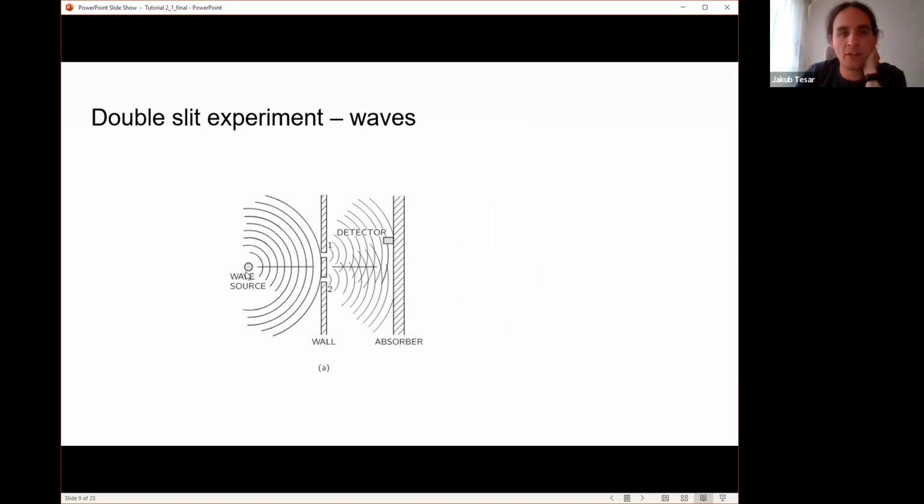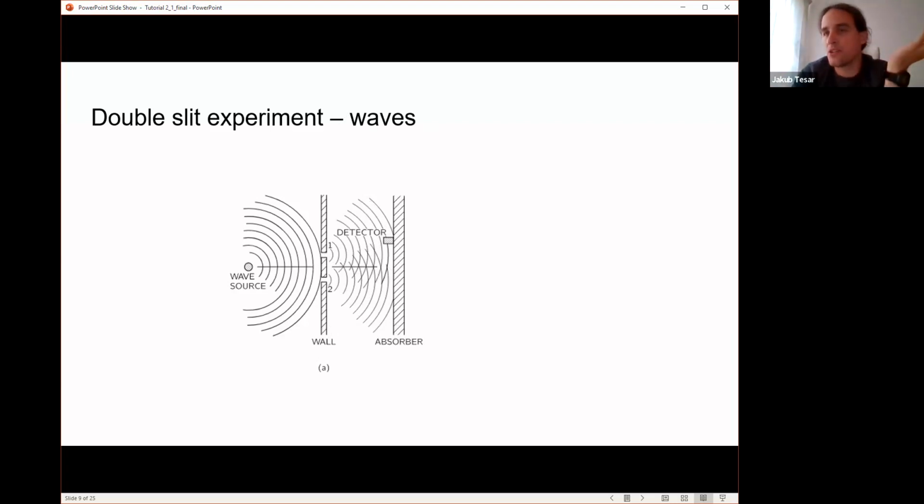So we have waves only coming from the source, going through the slits to the detector or absorber. And as the wave model of light suggests, each of the slits will become a source of waves. So now in the space between the wall and the absorber, we will see nice overlaps of those two waves coming from each of the slits.